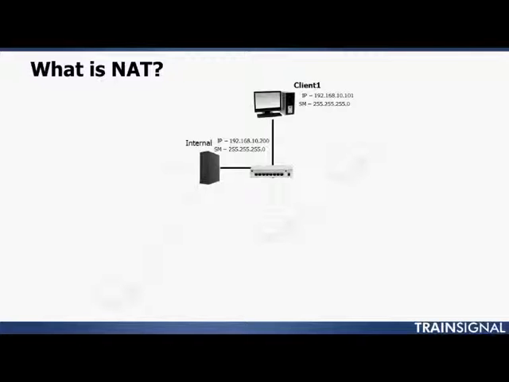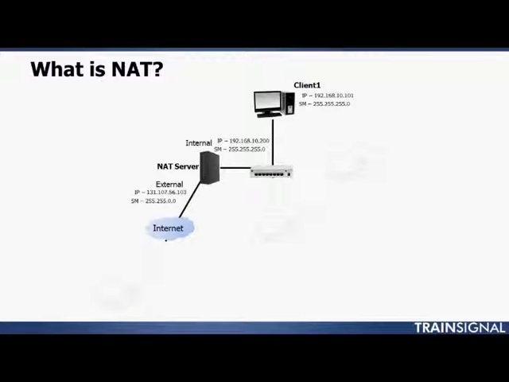The NAT server will then translate the source IP address from 192.168.10.101, which is where it actually came from. That's the client it came from. Before it even translates it, it stores that in its memory. It puts in its memory, hey, this client was looking for this website. Then it does this translation to the external IP address.